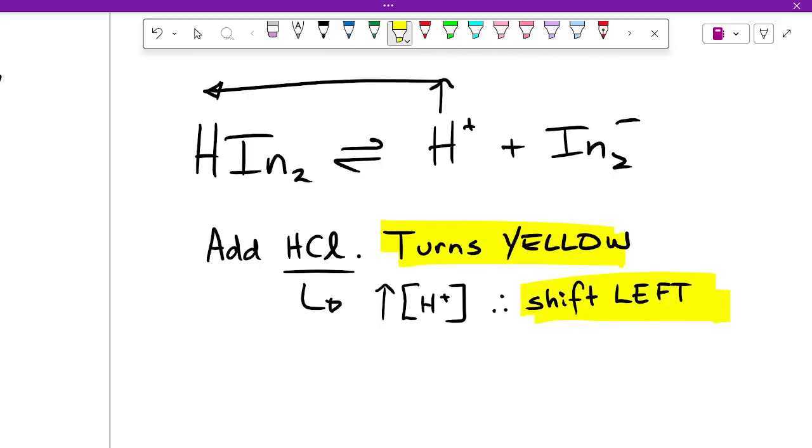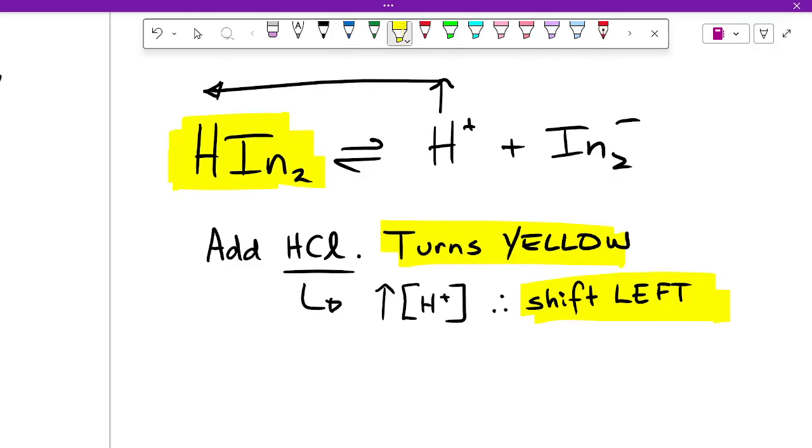So which of those two species is yellow? HIn2 is yellow.